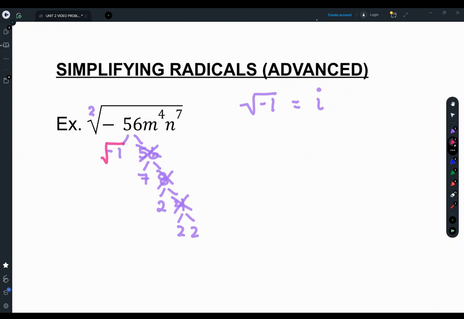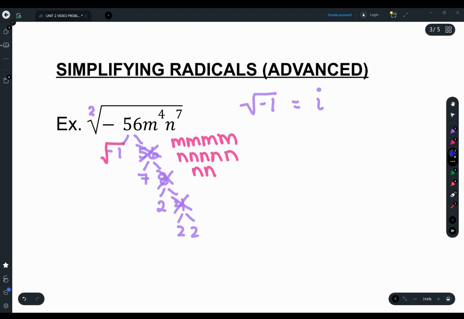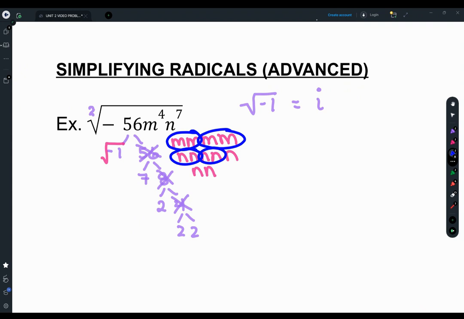We also have our 4 m's and our 7 n's. And again, we're grouping that in 2's. So we have 2 m's, 2 m's, 2 n's, 2 n's, 2 n's.